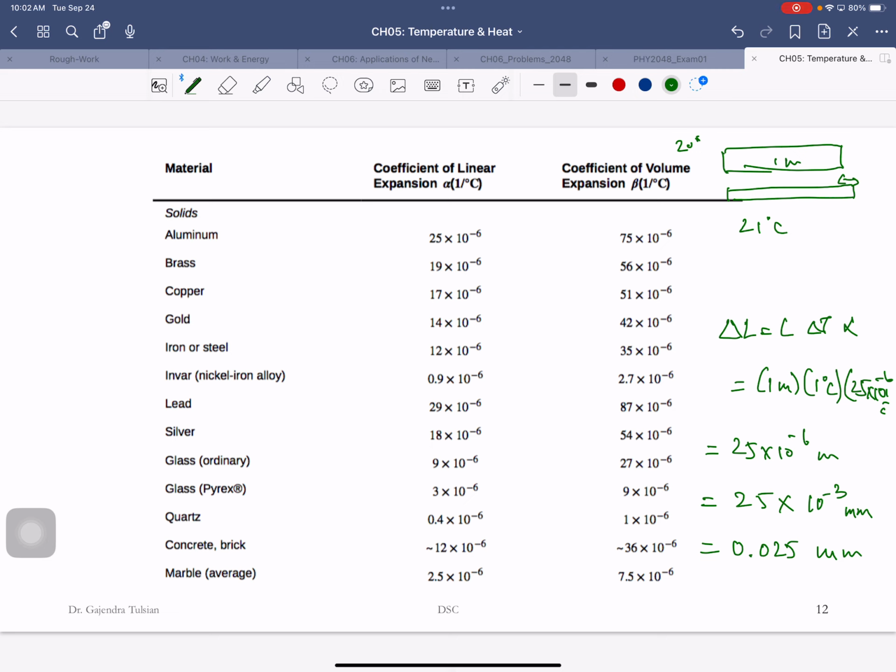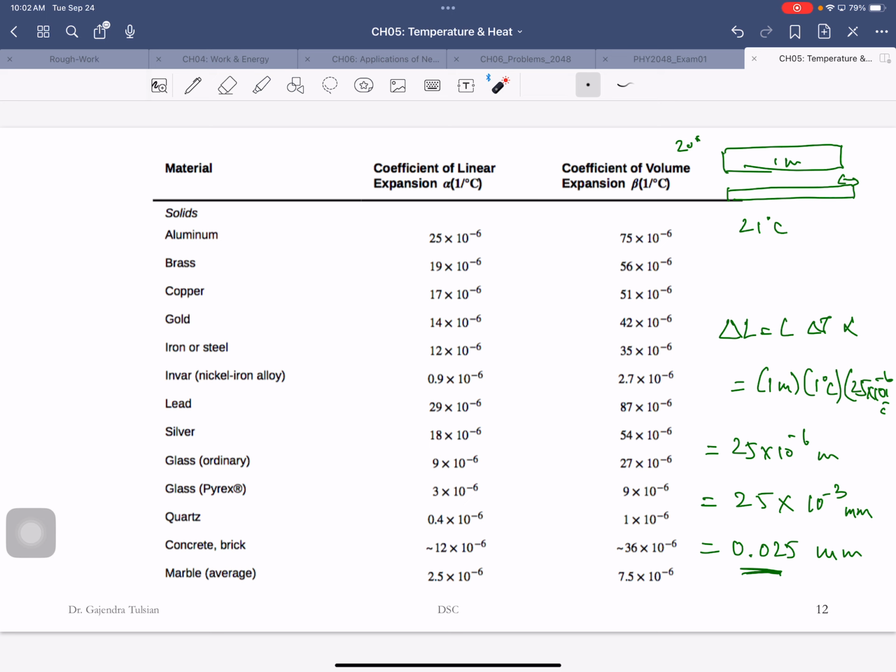One meter of aluminum will expand by 2/100ths of a millimeter if you raise the temperature by 1 degree Celsius. That's a very tiny expansion. So these expansions of solids are very tiny, but they're important enough that they're given in a table.